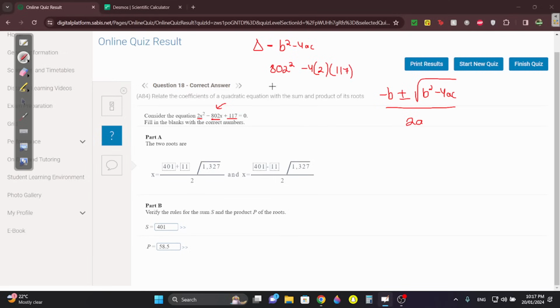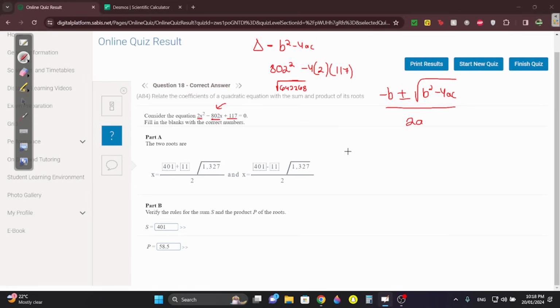Okay, you put this in a calculator. It's 802 squared minus 4 times 2 times 117. You get 642268.